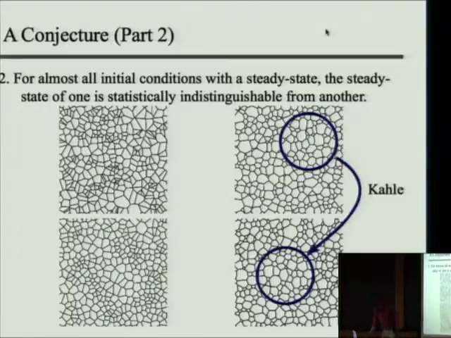Matt Kale actually had a suggestion about how to try to make this more mathematically precise. His suggestion was that we specify the radius of some disk. If these structures are actually statistically indistinguishable, then for that disk, we should be able to find some region in this structure that matches some region in this structure.